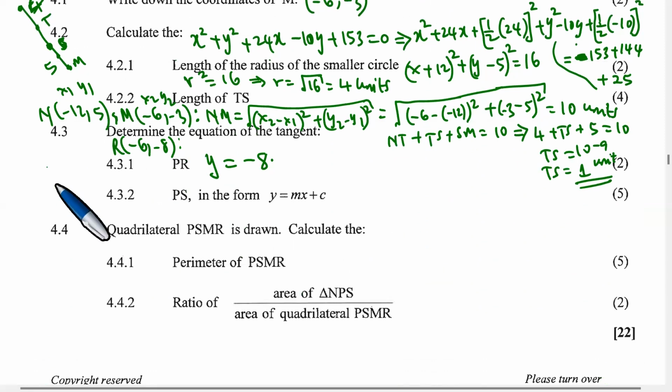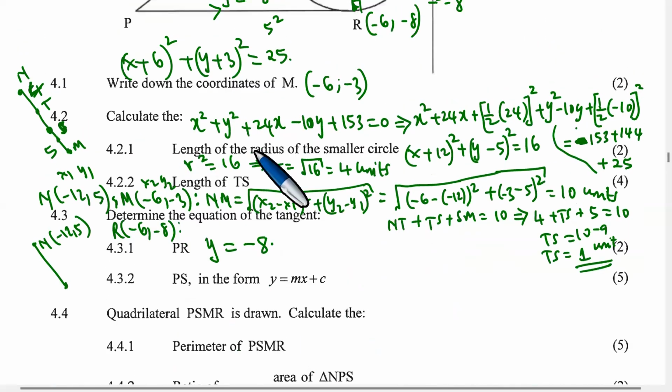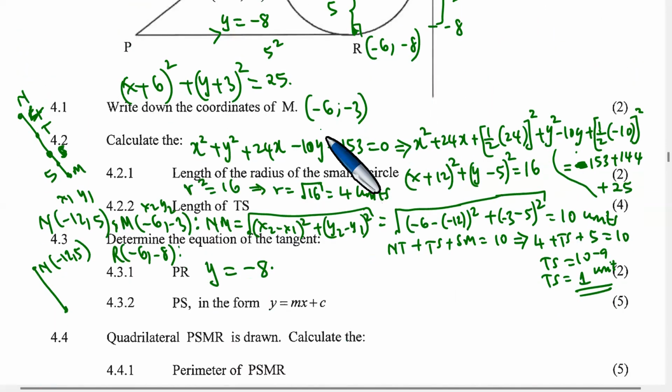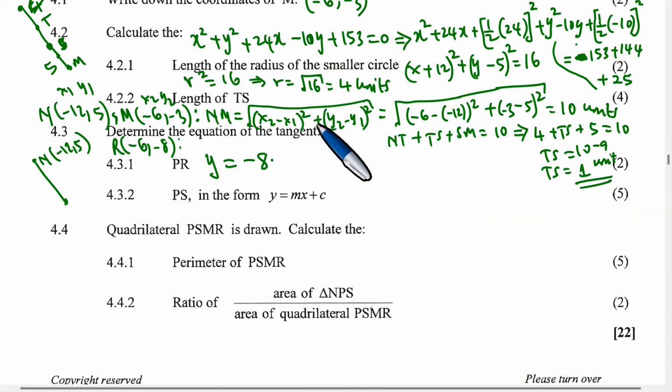So we'll find the gradient. N has the coordinates minus 12, 5. M has the coordinates minus 6, minus 3.